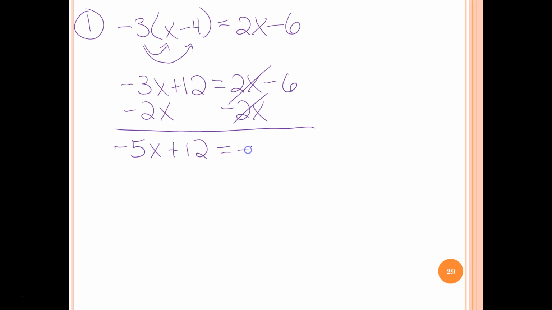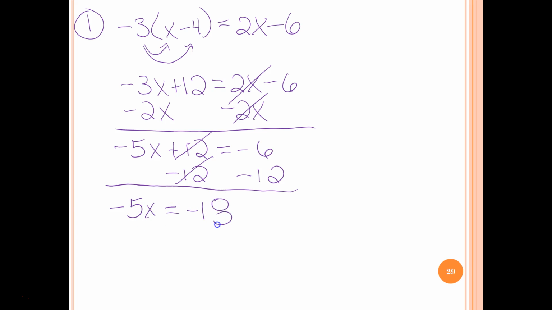is equal to -6. Now I'm going to bring those number terms to the right-hand side of the equation by subtracting 12 from both sides, leaving us with -5x equals -18. Now that x, let's get it completely by itself by dividing both sides by -5.